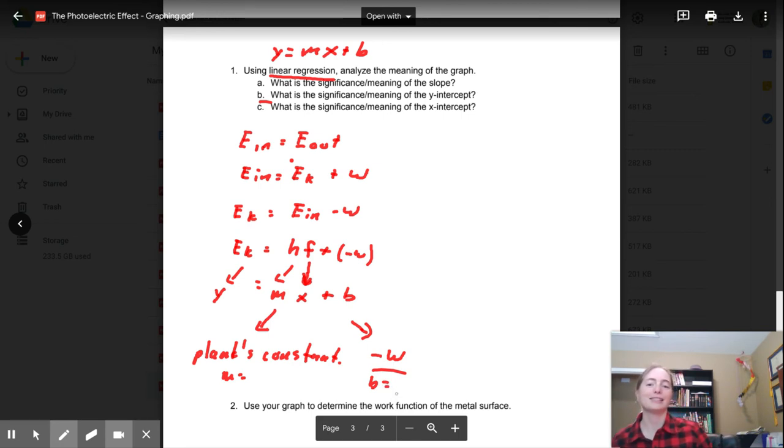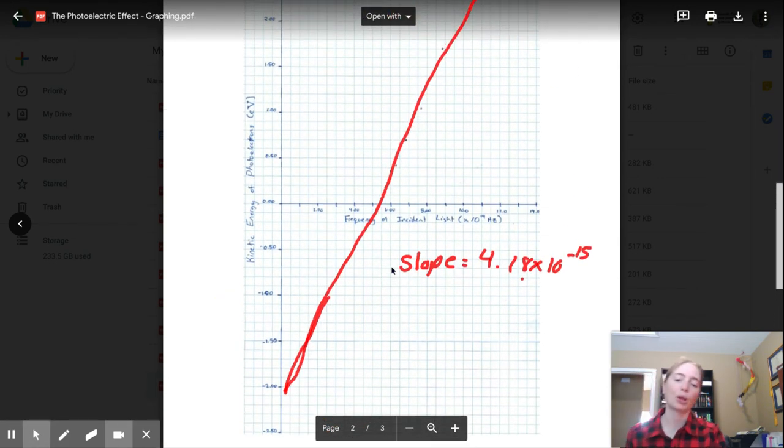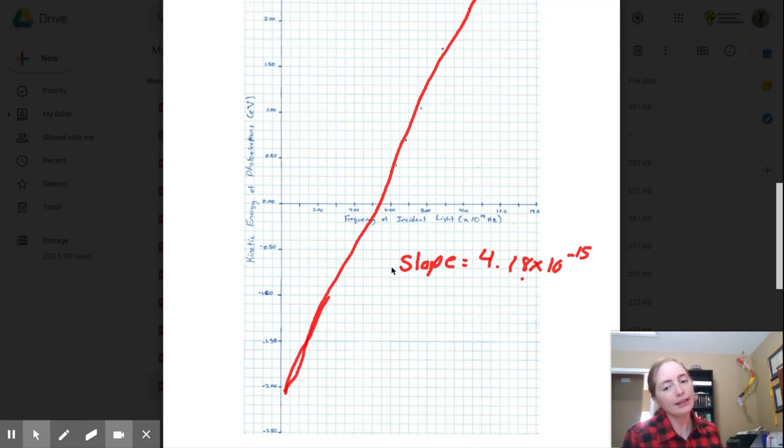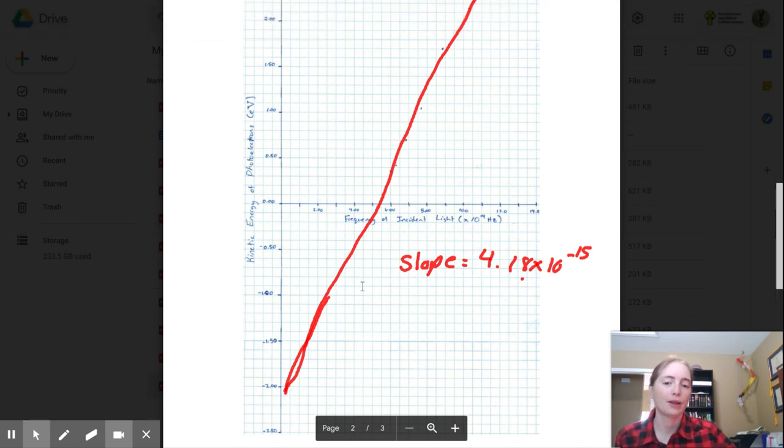Now C, what is the significance of the x-intercept? Well, let's look back up at our graph and see what we've got there. Let's think for a moment here. This here is the work function. From here until here, we don't have any energy in the electrons.